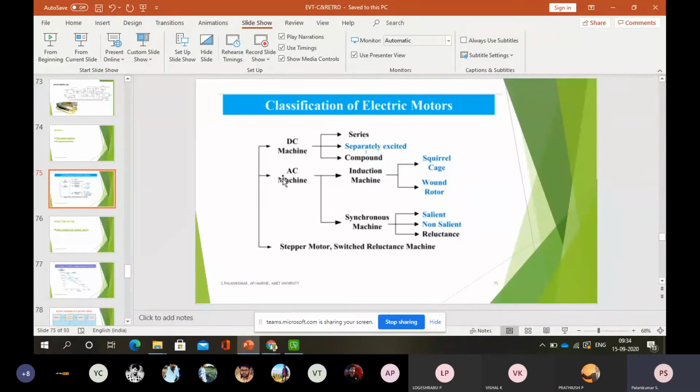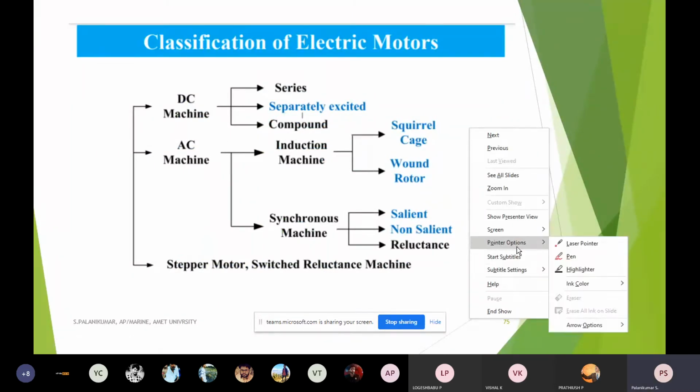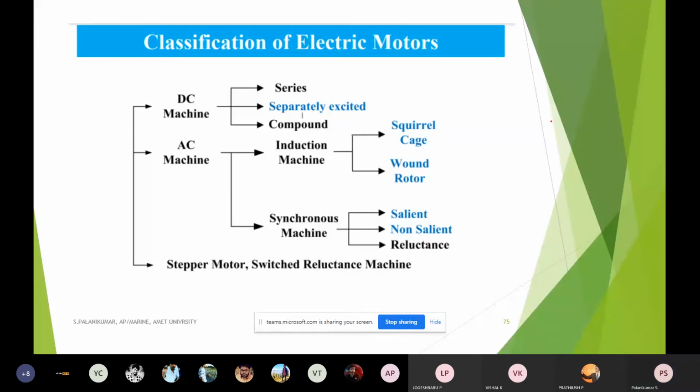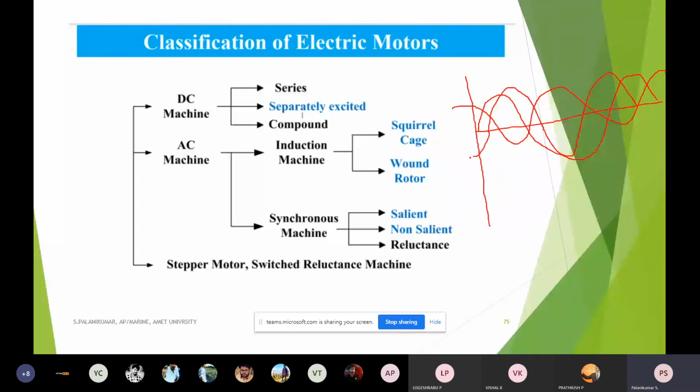So we are only interested in switched electric motors. The second important type is the AC machine, the induction machine. The induction machine works on this principle: whenever the stator is fed with a three phase supply, with the phases 120 degrees apart, it produces a rotating magnetic field inside the machine.